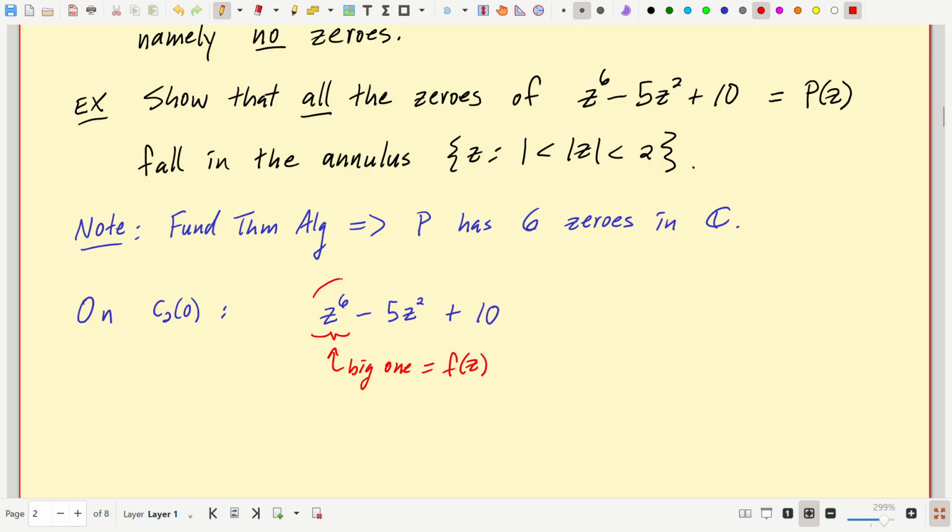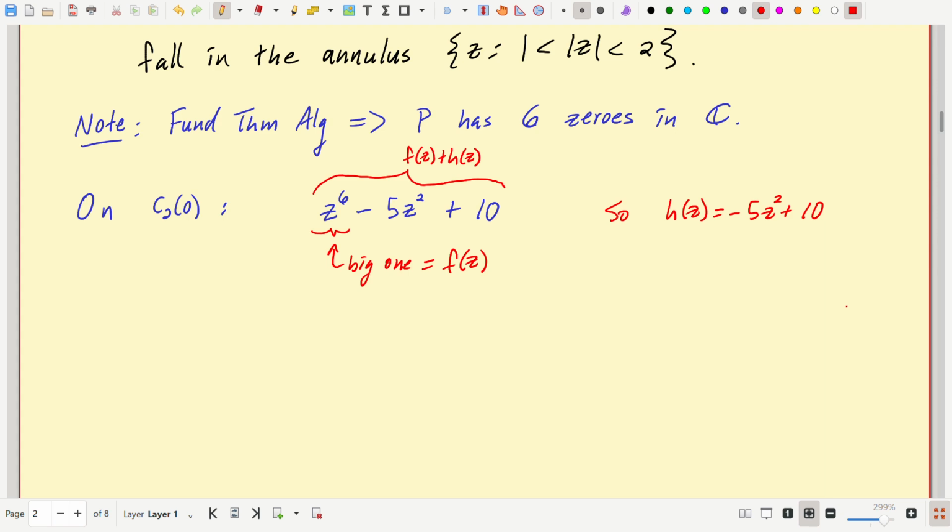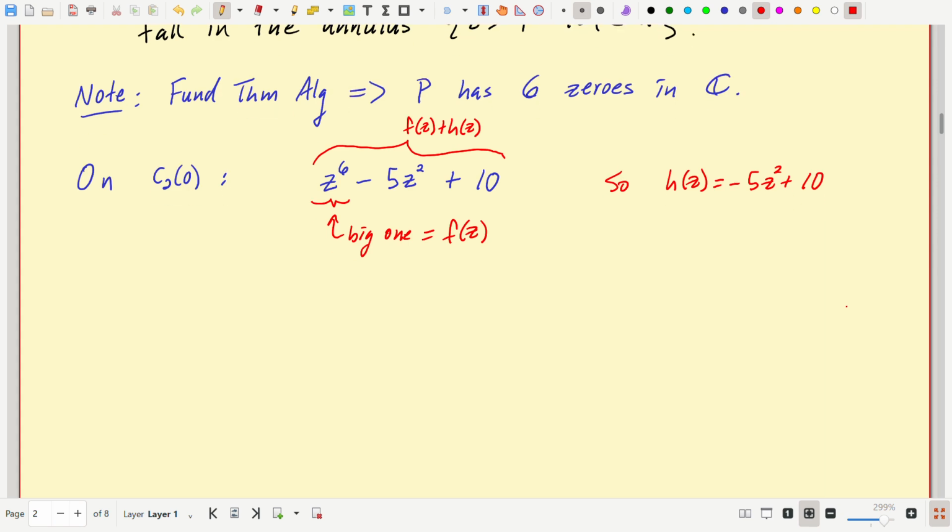And the whole thing, I want to show that f and f plus h has the same number of zeros as the big one. Okay, and so that means my h of z is going to be minus 5z squared plus 10. Okay, and so now I need to check my inequality.